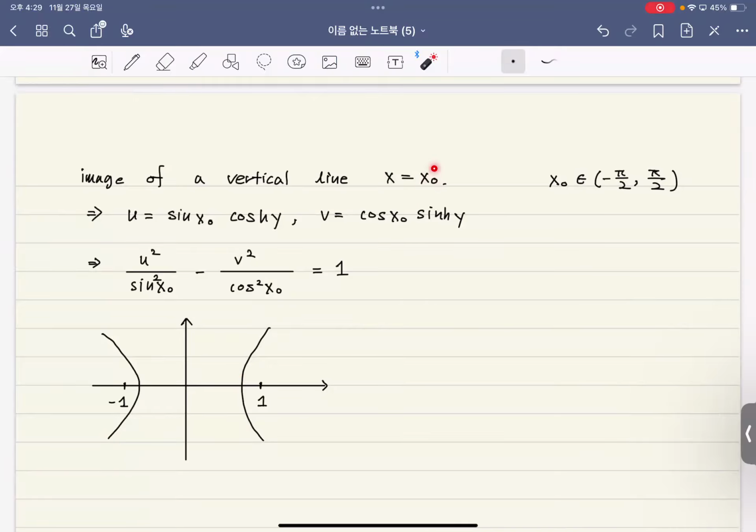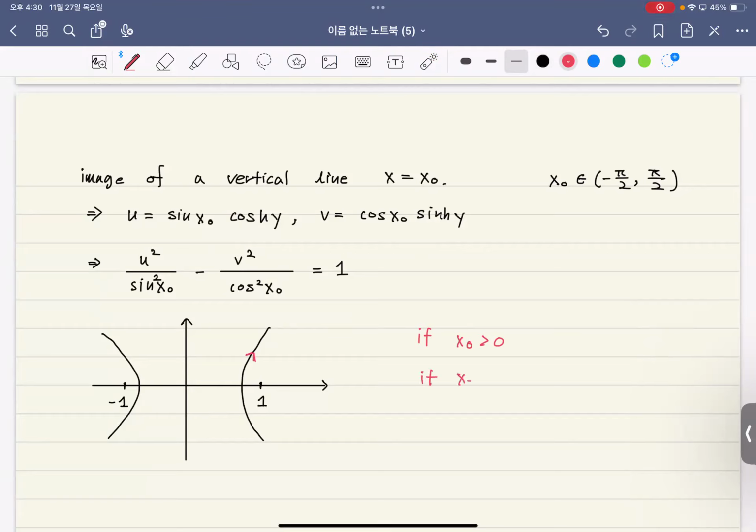Suppose that x0 is positive. Then this is positive and this is also positive. So if x0 is positive, then this one is going to be the image curve.